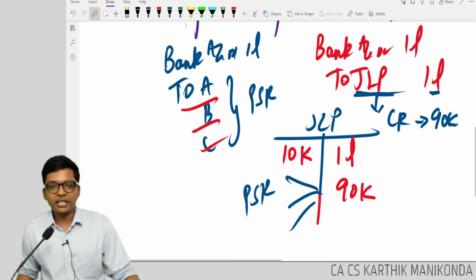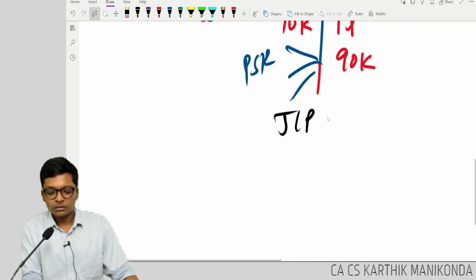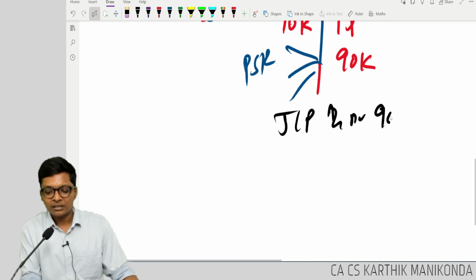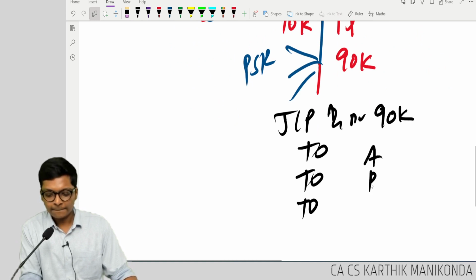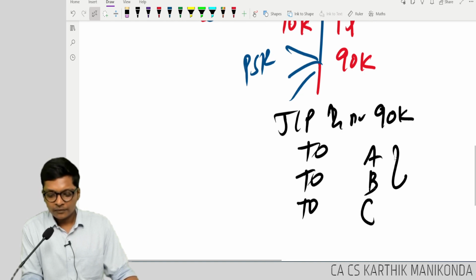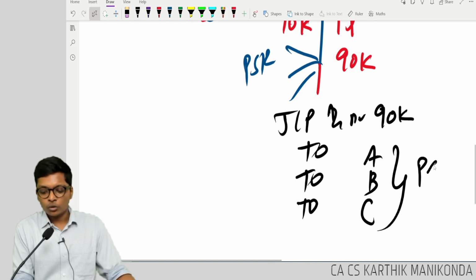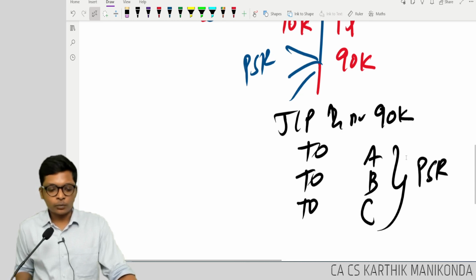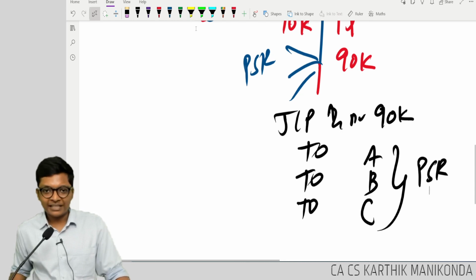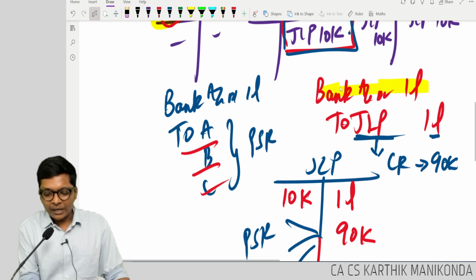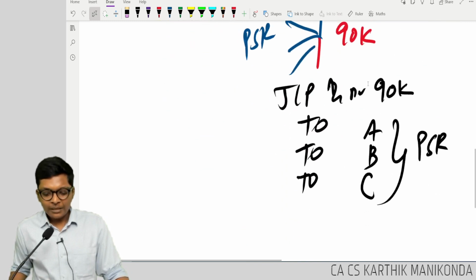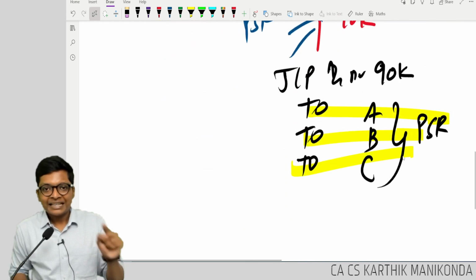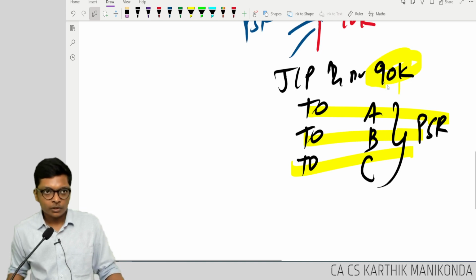So what will be my entry for sharing here? JLP account debit 90,000 to A, B and C will be shared. In what ratio? Profit sharing ratio. Correct? Here I raised the question which most of you gave the answer. Sir, if I am getting 1 lakh money, why am I sharing with partners only 90,000?